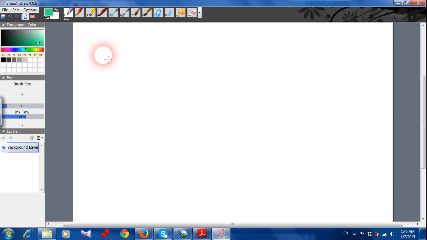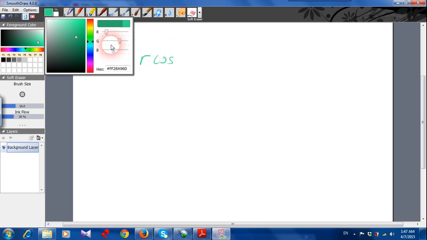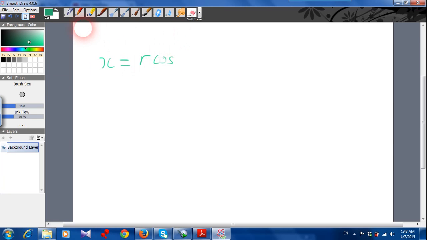So we have x is r cosine of theta and y is equal to r sine of theta. x squared plus y squared is r squared.